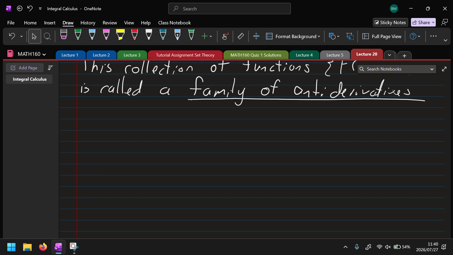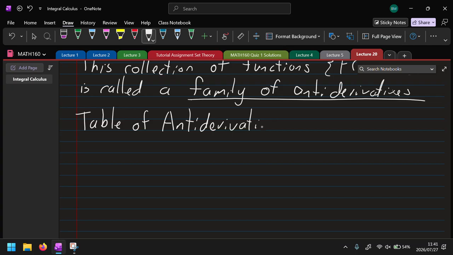And then at the top there, write table of antiderivatives. Right at the top in big writing, table of antiderivatives. Please make sure that you start on a new page. There will be a lot to write. Don't just carry on writing from wherever you are.